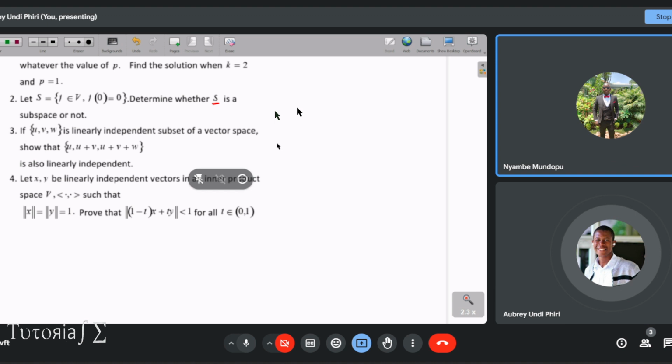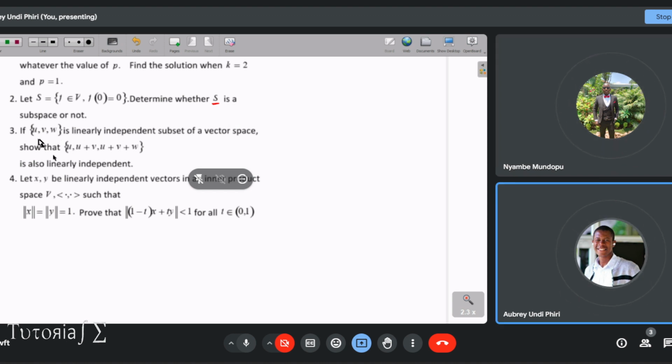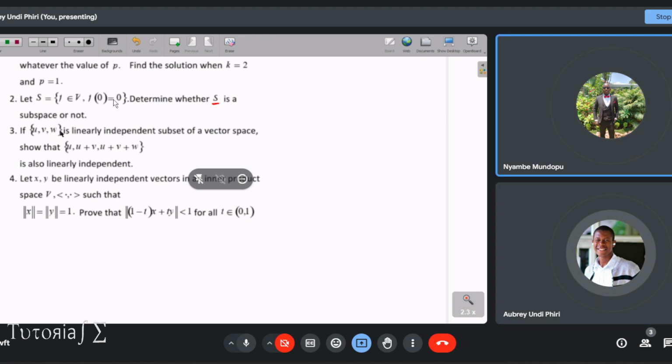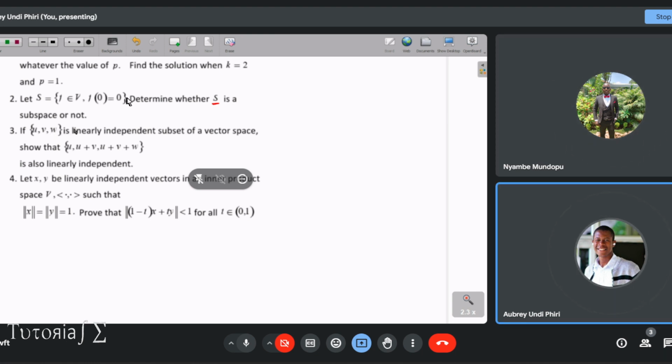All right, so we're talking about the first question, which is this one. We've been given a set that has T, and T is an element of the vector space, and T has a definition that T of 0 gives you 0.